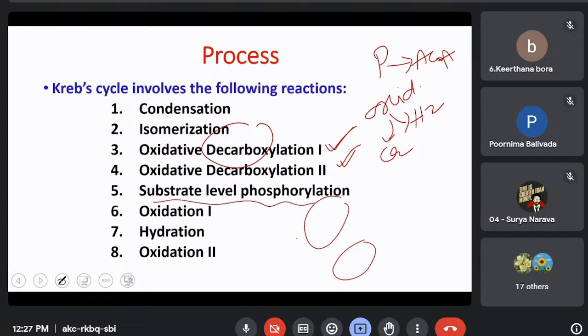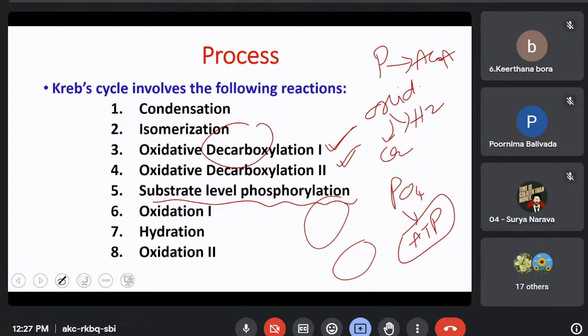And the other one is substrate level phosphorylation. Here, phosphate is added at the level of substrate so that ATP synthesis takes place. And such a synthesis of ATP, production of ATP at the substrate level does not require aerobic respiration.